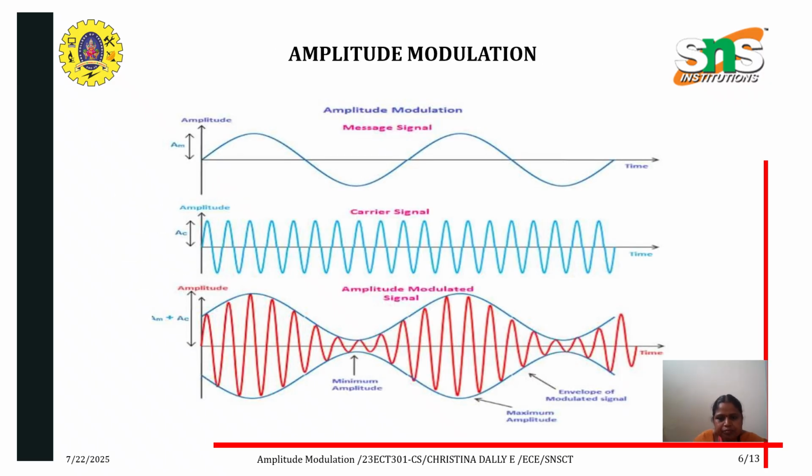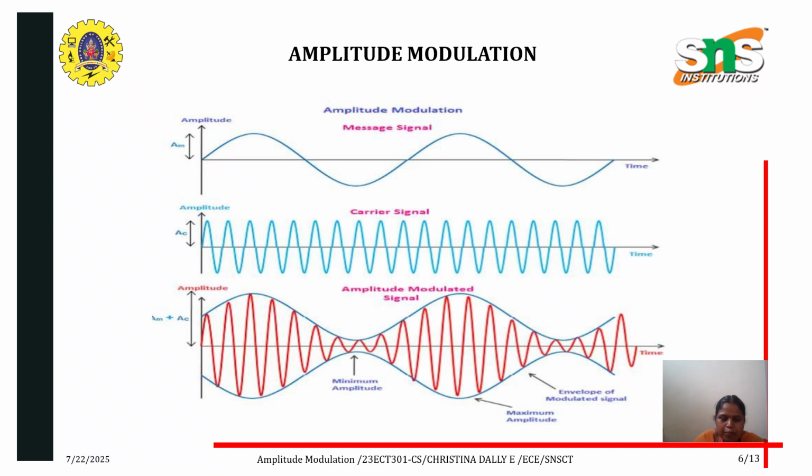So this is the signal representation of the amplitude modulation. The first one is the message signal. The next one is the carrier signal. The third one is the amplitude modulated signal. Here the carrier signal is in the form of a high frequency signal, denoted by AC, and the message signal is the low frequency signal, denoted by AM.